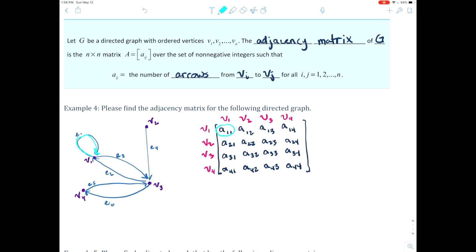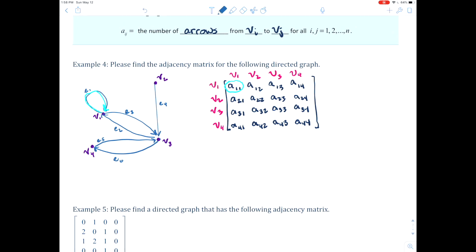So when we do our actual matrix, we would say A is equal to, I'm just calling it A, and our very first entry is going to be a 1 because there is one arrow going from V1 to V1. Cool so far?